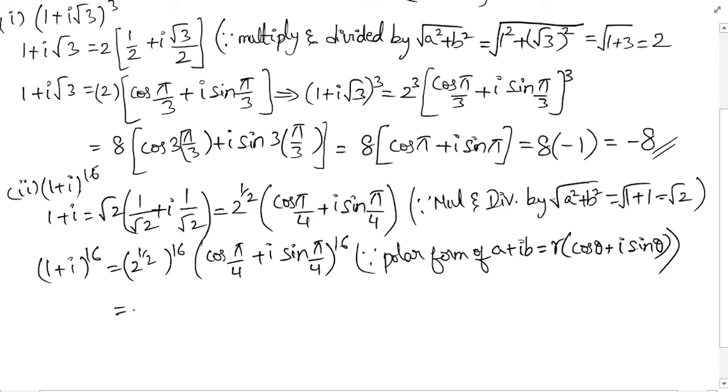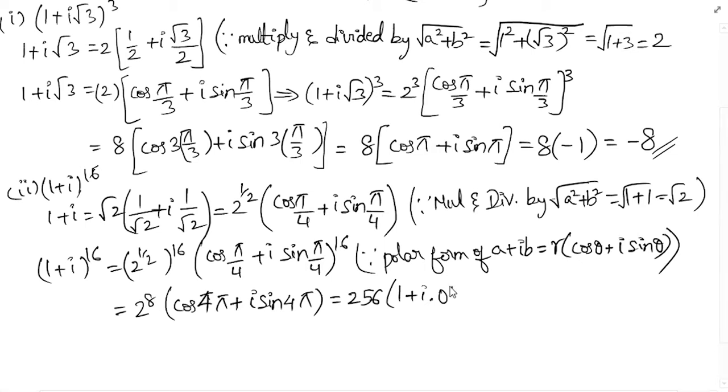So this is again equal to 2 power 8 into (cos 4 pi plus i sin 4 pi), which is equal to 256 into (1 plus i dot 0), which is equal to 256. So this is our answer.